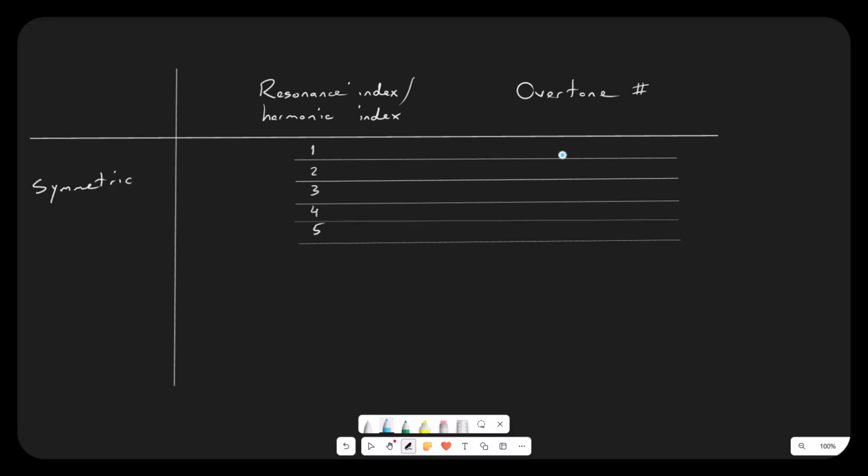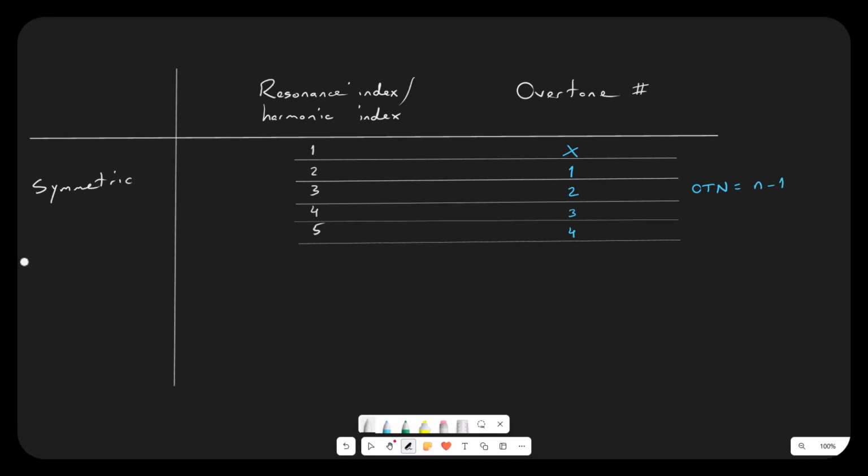We can't talk about an overtone there. For n equals 2, we are now 1 above our initial. So that's an overtone number of 1, 2, 3, 4, which means my overtone number for the symmetric case is just going to be n minus 1.